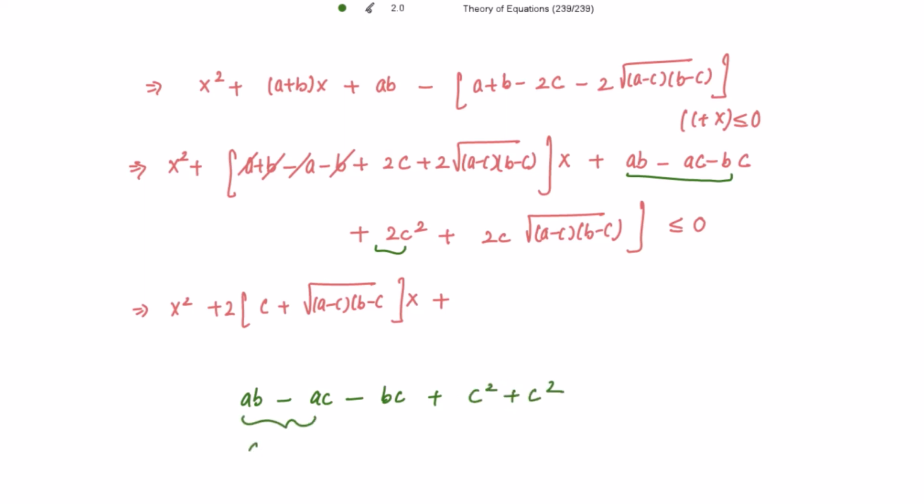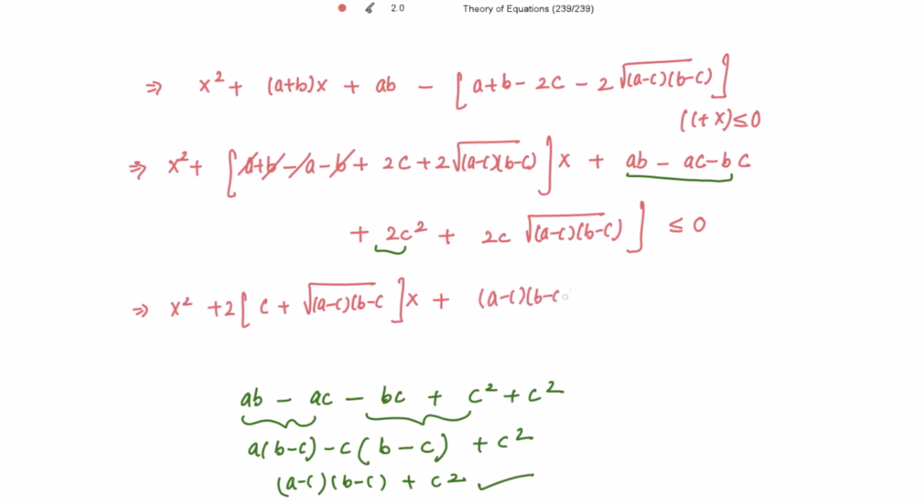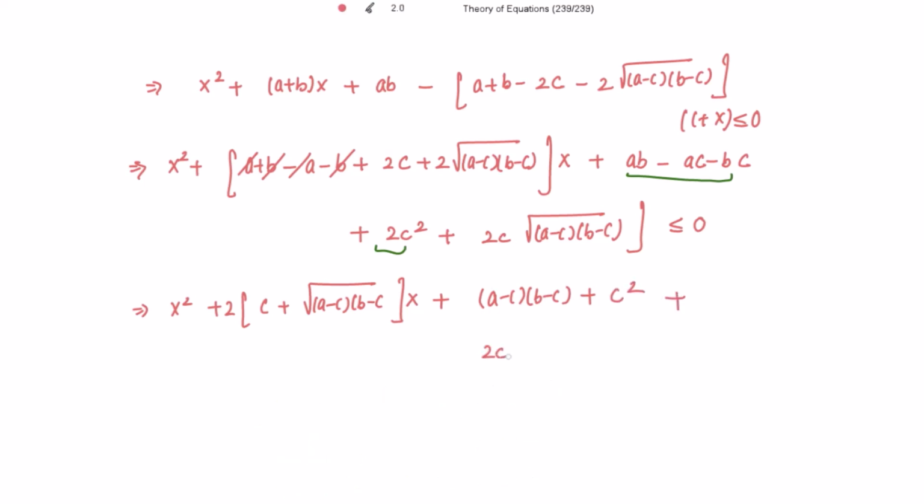From these two, if I take a common, I get a(b − c). And from here, if I take negative c common, I get −c(b − c) + c². So from here, I get (a − c)(b − c) + c². So this is plus (a − c)(b − c) + c² + 2c√((a − c)(b − c)) ≤ 0.